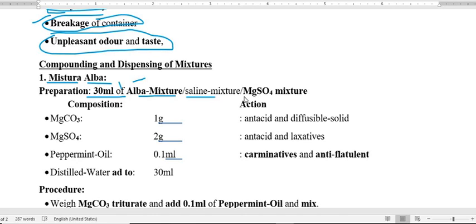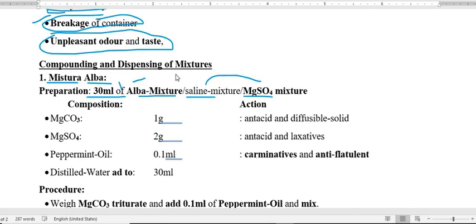Magnesium sulfate is the main constituent, so we also call it the magnesium sulfate mixture. So the synonyms of Mistura alba are saline mixture, because it is salt in nature, and magnesium sulfate mixture, because its main constituent is magnesium sulfate.